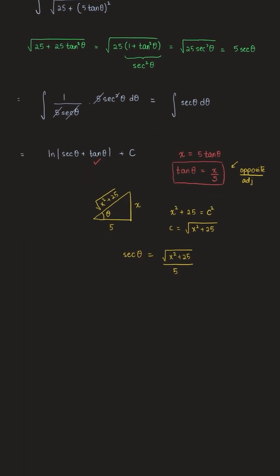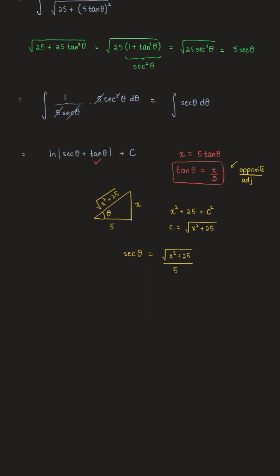So our final answer for this integral is going to be the natural log of the absolute value of secant theta, which is the square root of x squared plus 25 divided by 5, plus tangent theta, which is x over 5, plus c. So this is one form of our final answer. It's perfectly fine to leave your solution in this form.